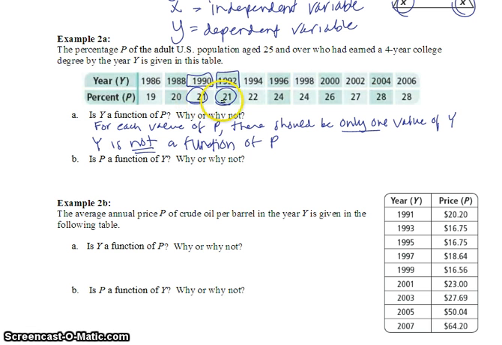And we said for every input that's the same, it must have the same output. So these 21s should have the same output, and they don't. So Y is not a function of P.